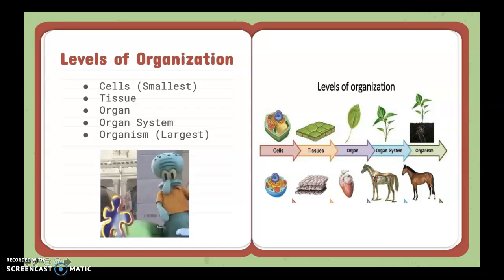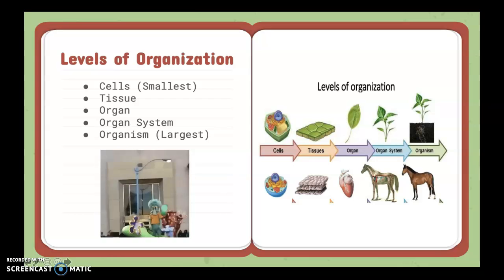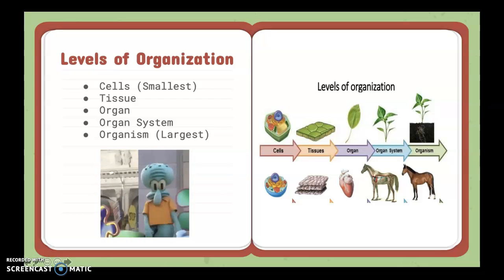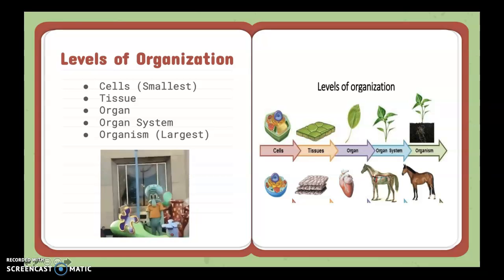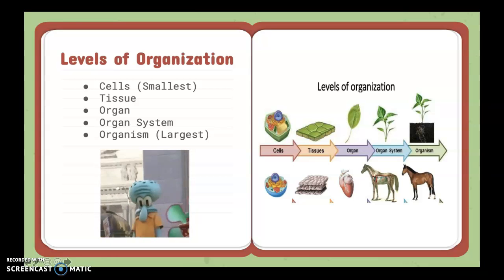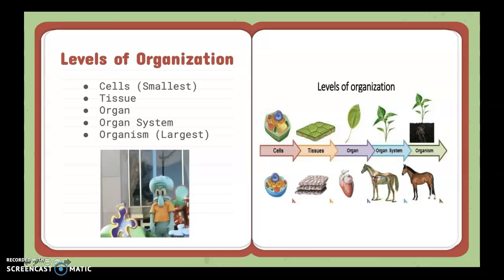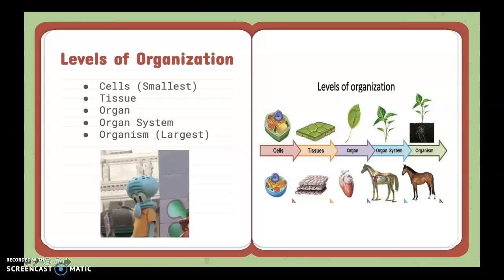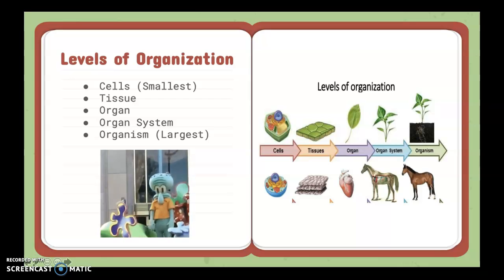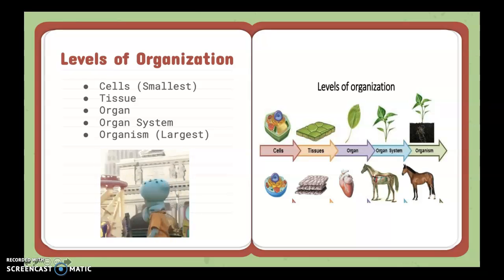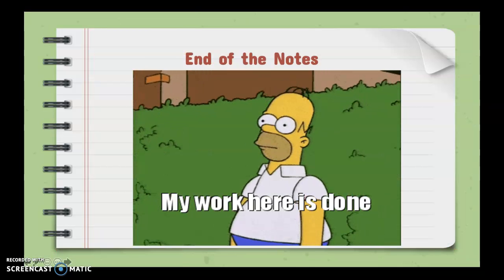And when a group of organ systems are able to work together, that creates an organism. The image on the right gives a really great visual of the relationship between these five terms. Please make sure that you understand these. It's relatively straightforward, nothing too complex or confusing.